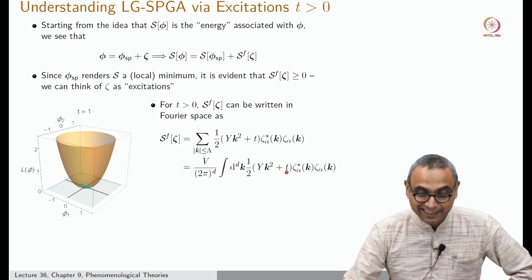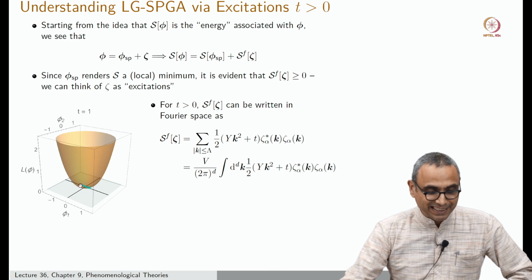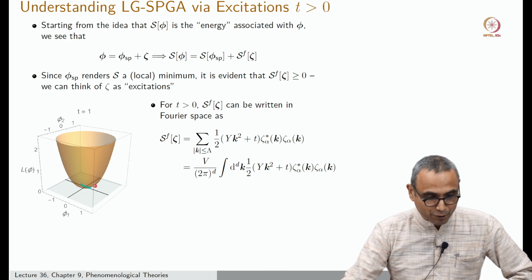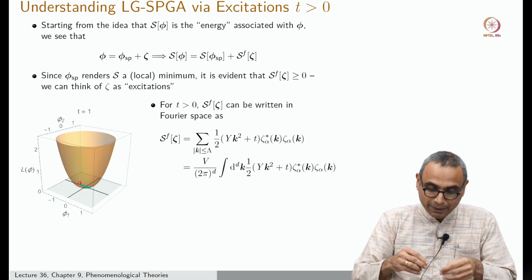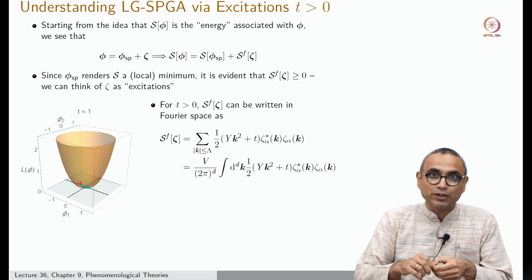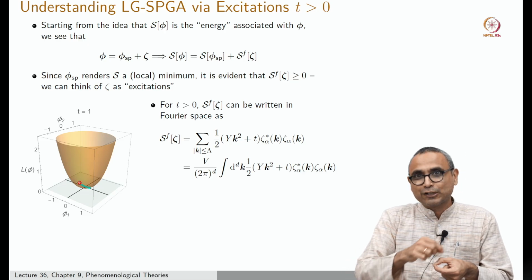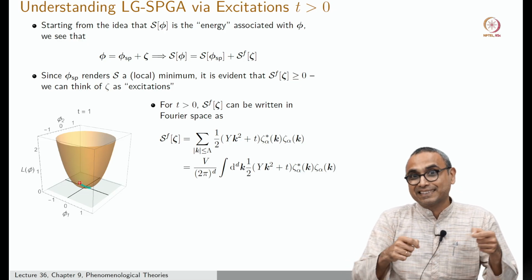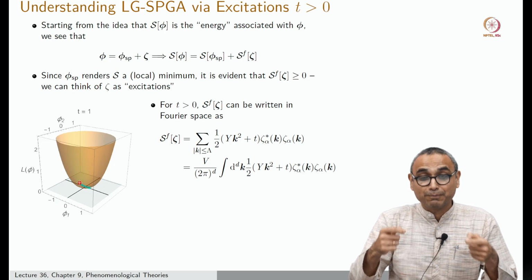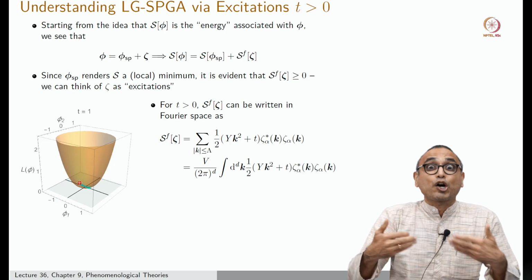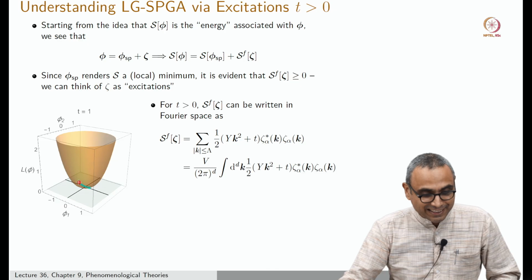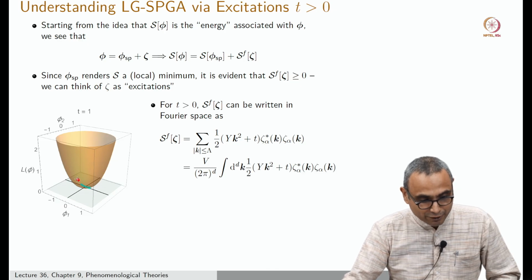There is this t. Where is this t coming from? This t comes from the fact that this paraboloid locally, at a position, you are changing the value of the field from the saddle point value. You are trying to change the field phi from 0, and that costs energy locally. That energy cost is given by this, as you are traveling on the paraboloid.